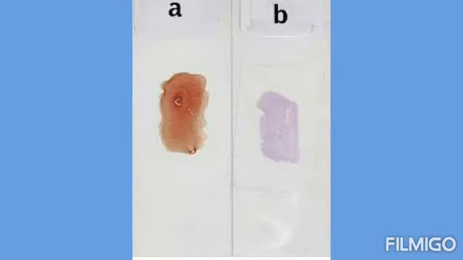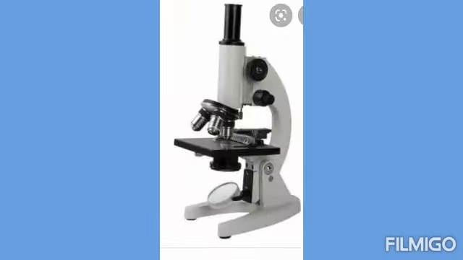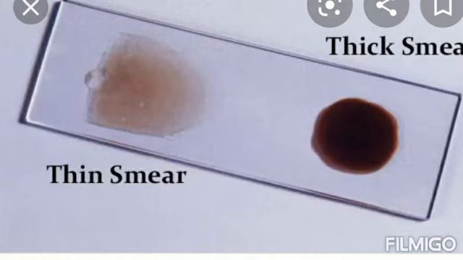Depending upon the need, a thin layer is made so that this can be observed under a microscope. Remember, we learnt about the microscope in the earlier lessons too. Through the microscope, the pathologist can clearly study the structure of the blood sample.